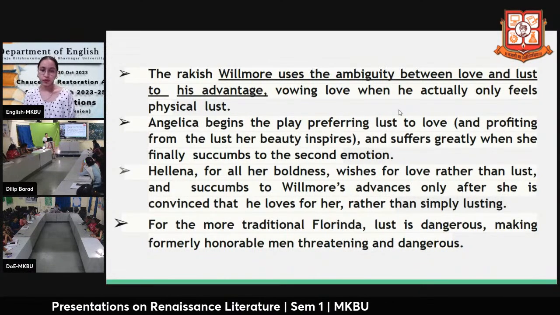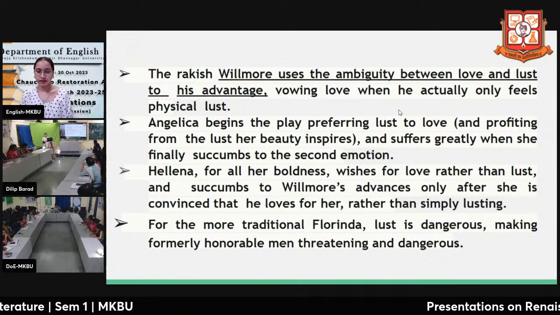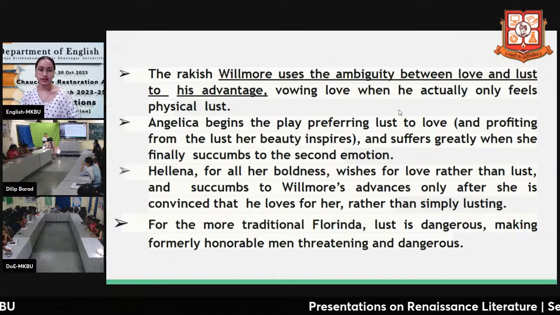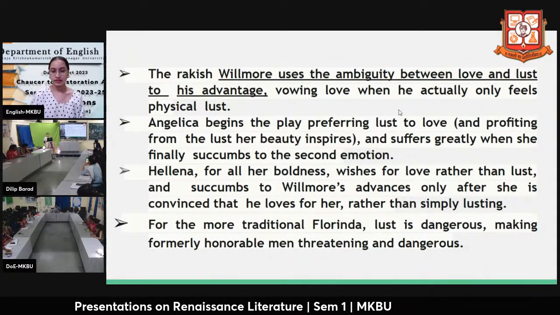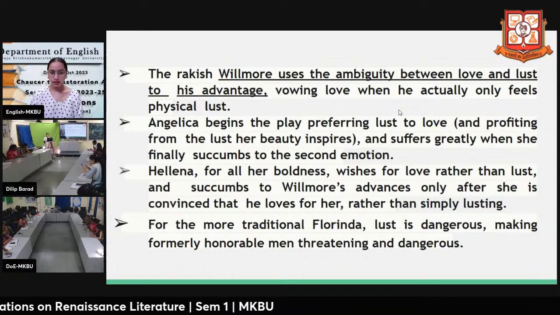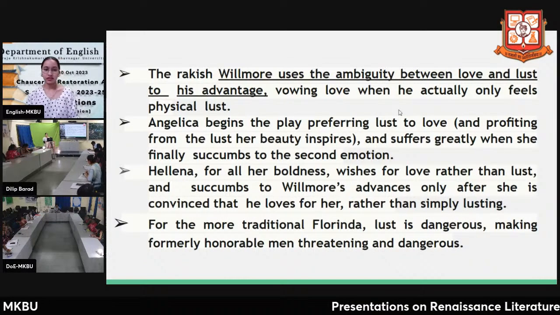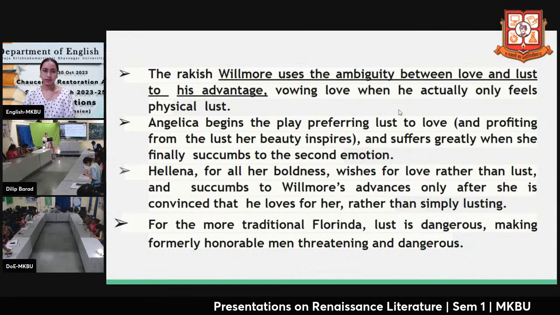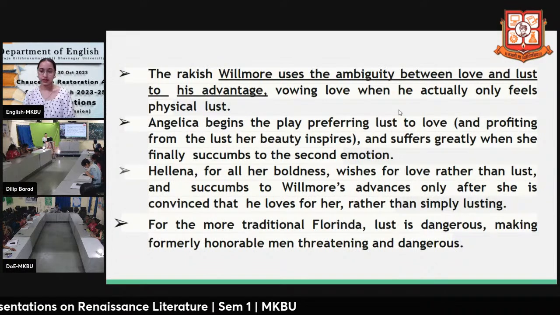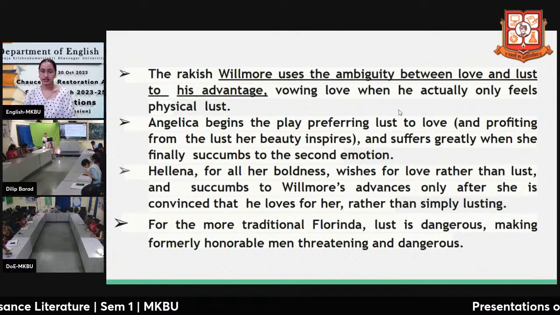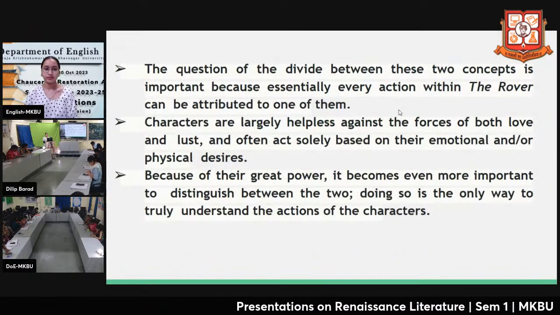Hellena, for all her boldness, wishes for love rather than lust, and succumbs to Willmore's advances only after she is convinced that he loves her rather than simply lusting. We see that in the play. Hellena is the only true lover, and her sister Florinda, and her cousin is Valeria. For the more emotional, traditional Florinda, lust is dangerous, making formerly honorable men threatening and dangerous.